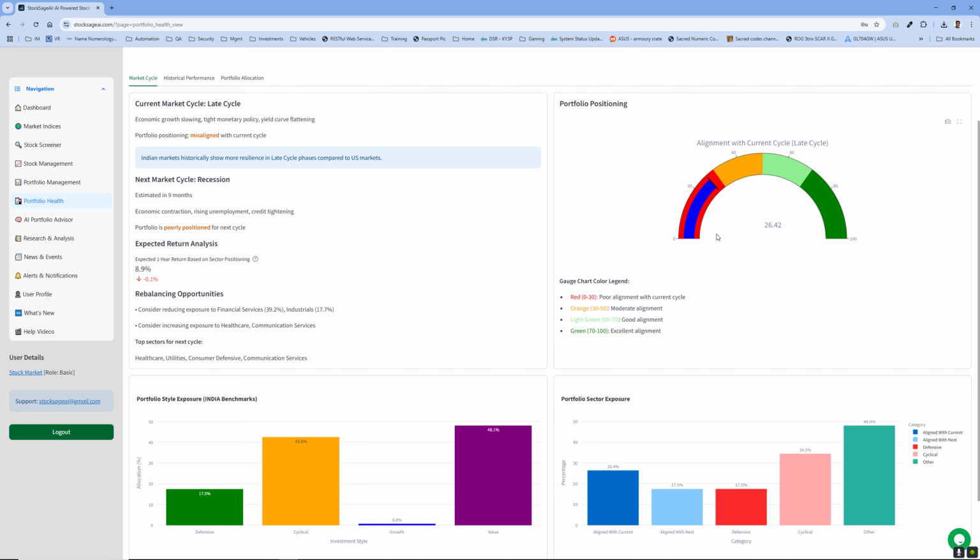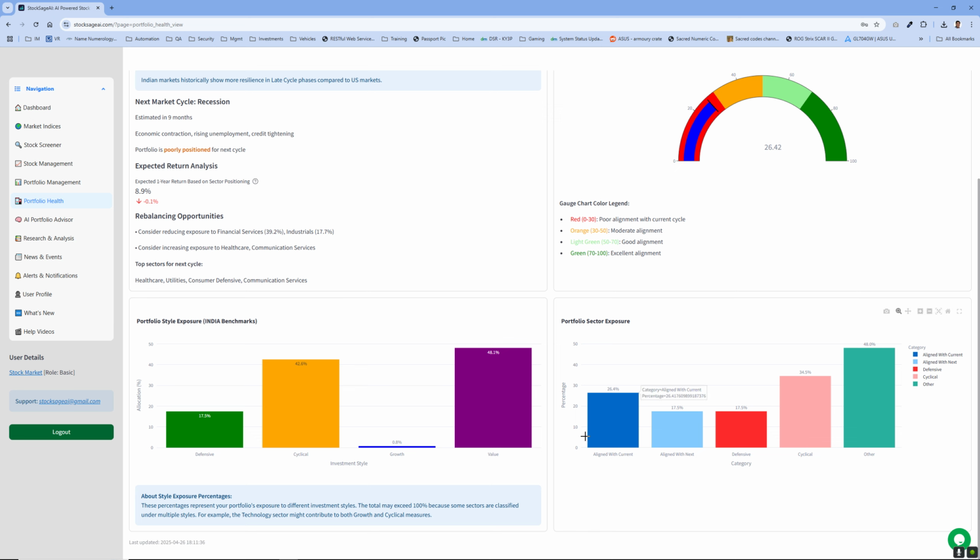We are already in the red phase in terms of the current cycle we have. And this is the portfolio sector exposure, where we are aligned with the current and aligned with the next. So we are better aligned with the current cycle at 26.4%, and poorly aligned with the next cycle. And this is what it's mentioning over here as well. And these are the categories where we have invested, which is defensive, cyclical, and other categories.